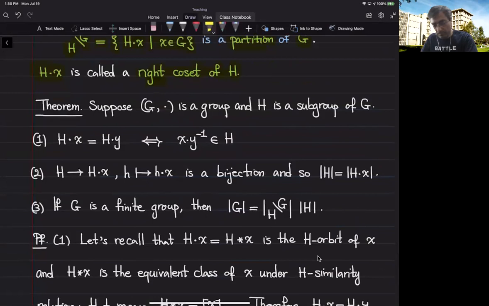Okay, so now we want to understand this set of all the cosets and this particular partition that we get, G, and the quotient of G by H from left.